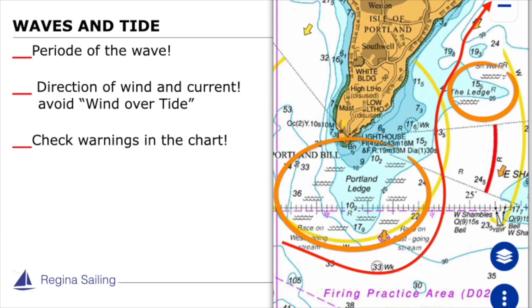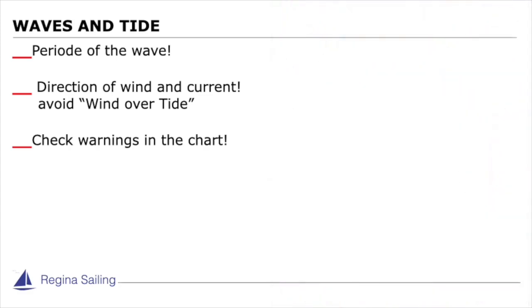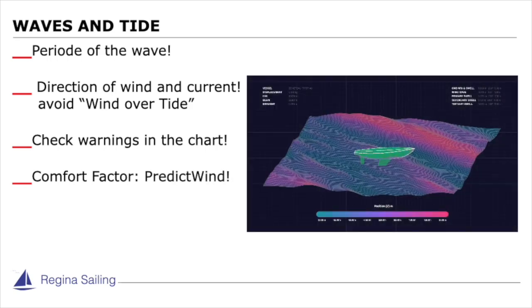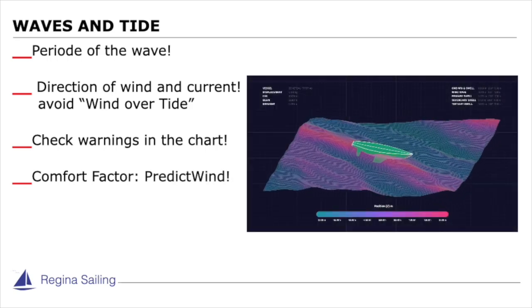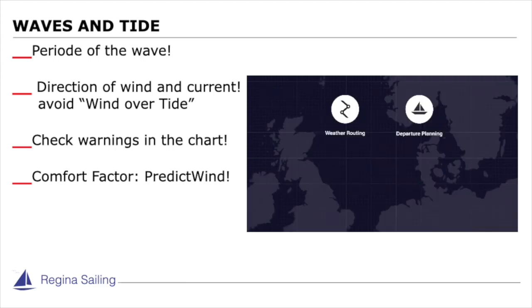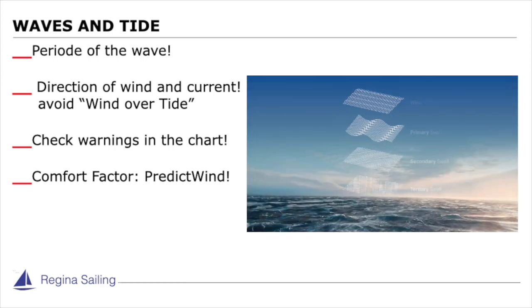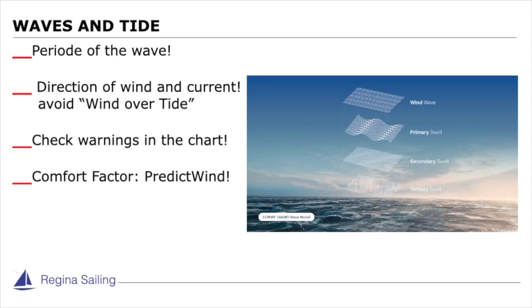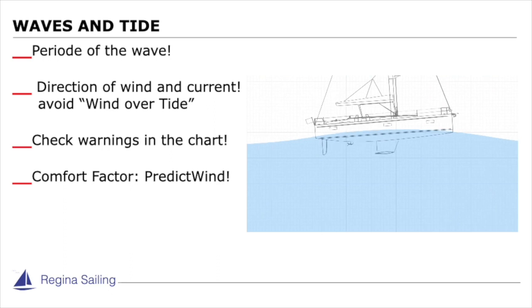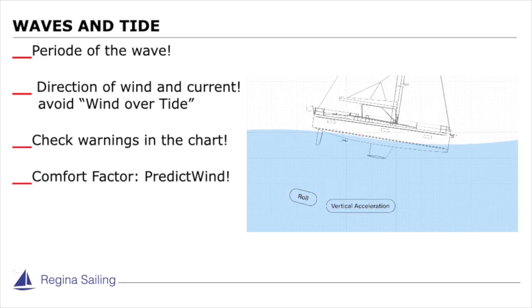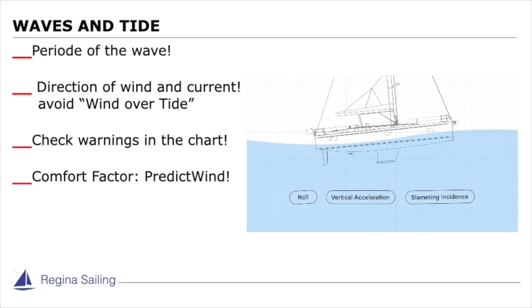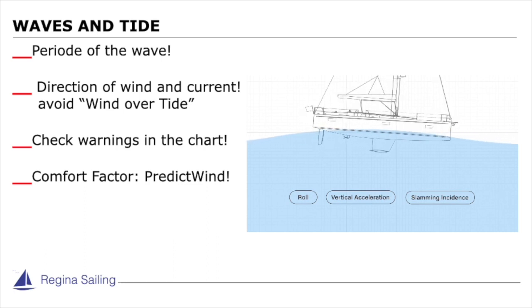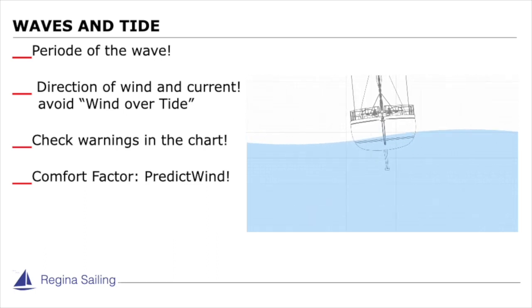And then what is really, really good, that there is software on the market doing that. The comfort factor. PredictWind has as a feature, you put in your data of your boat and the direction you want to go, and then it calculates the wind waves, the primary swell and the secondary swell, and even the tertiary swell, and it looks at the roll, the vertical acceleration and the slamming, and then it gives you warnings for comfort.